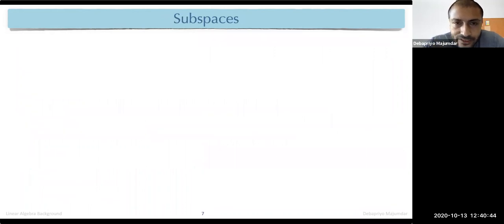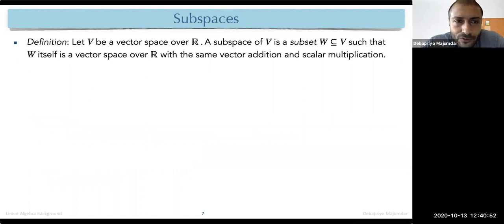Now this is the important concept, subspace, because when we do dimension reduction, subspace will be a very important thing to look at. So what is a subspace? Let's say we have a vector space V over R. A subspace W is a subset of V such that W itself has to be a vector space over R with the same vector addition and scalar multiplication.